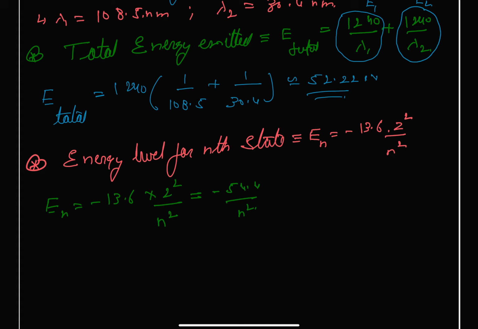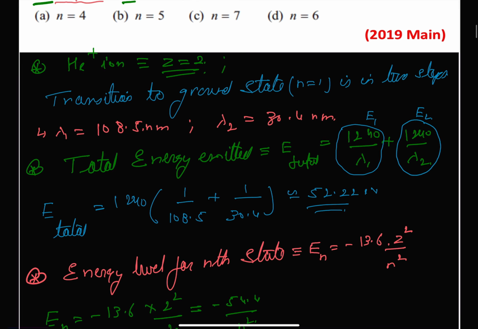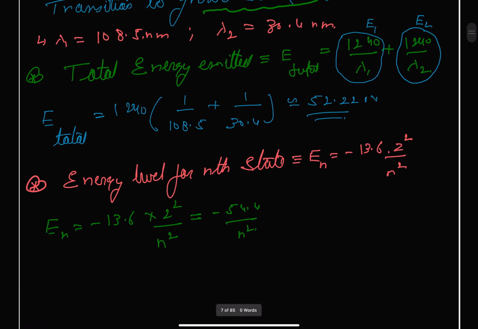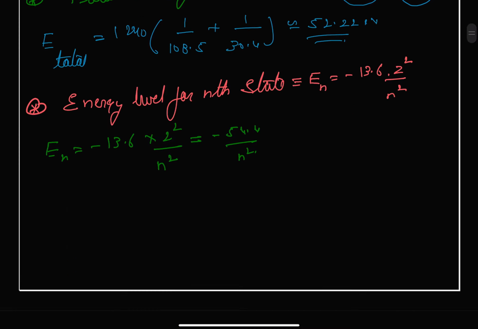And let us suppose the initial level is n naught, final level we know is our ground state, that is value of n is equal to 1. So we can say let initial level is n equal to n naught, and final level we already know is our ground state, n is equal to 1.